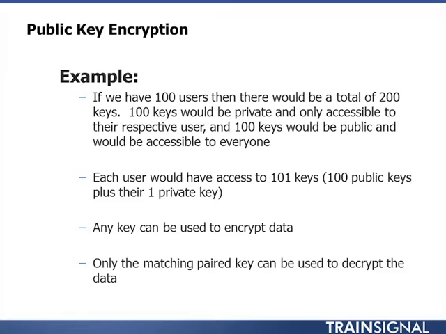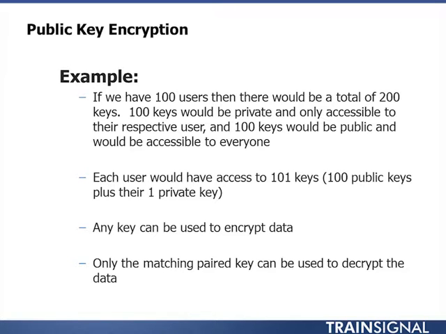Once that data has been encrypted, there is only one key out of all 200 that can be used to decrypt the data, and that one key is whatever the matching paired key is to the one that was first used to encrypt the data.